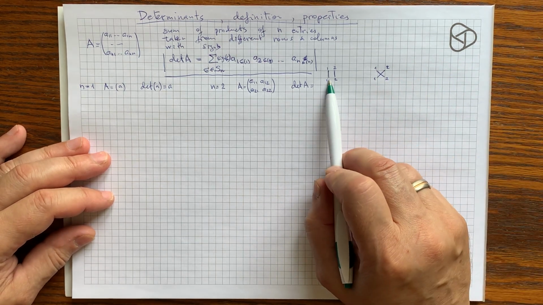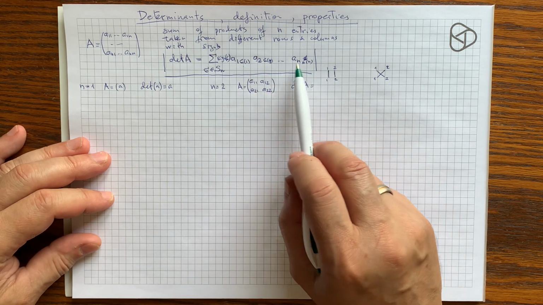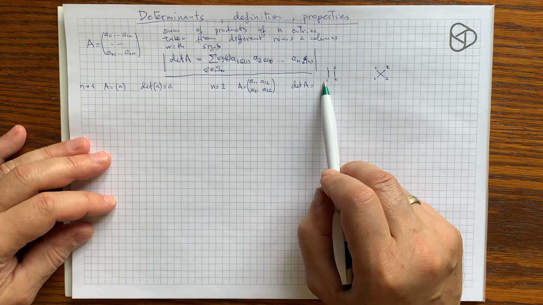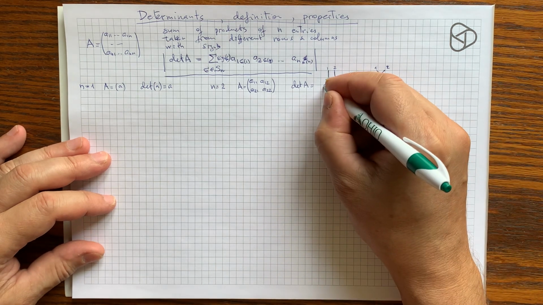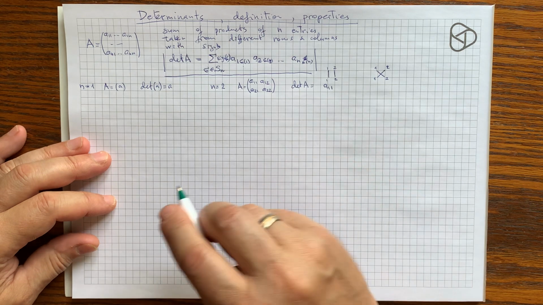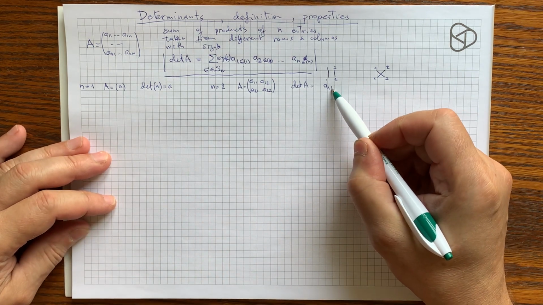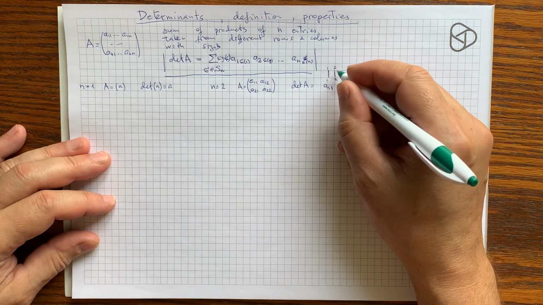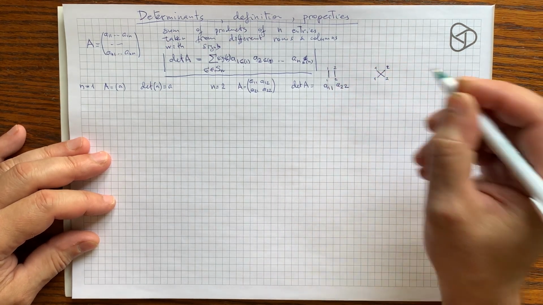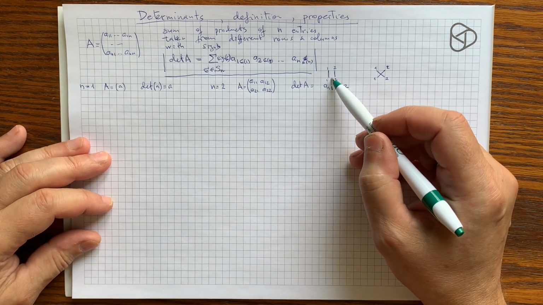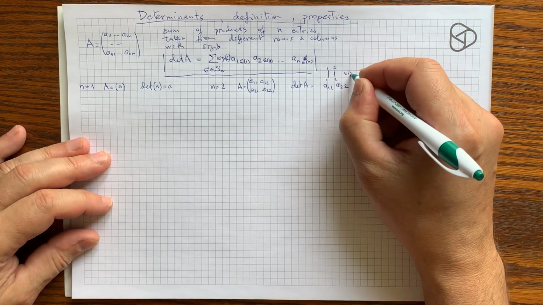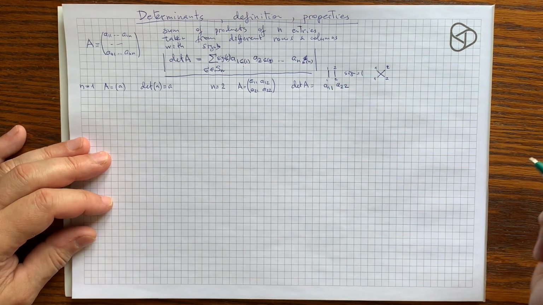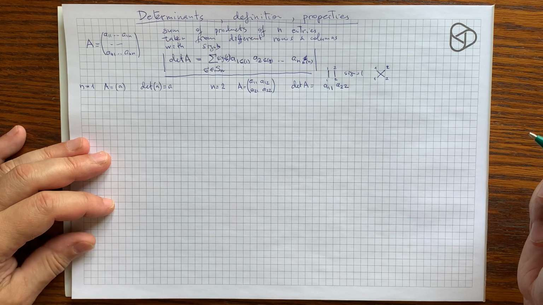Then this permutation corresponds to a product of matrix entries, and the rule is, okay, sigma of 1 is 1, so we take a 1 and 1 again, because the column position is sigma of the first. And 1 corresponds to 1, and 2 corresponds to 2, so we have to take the product of these two matrix entries, and the sign of this permutation is +1. So the sign of the product is also plus.